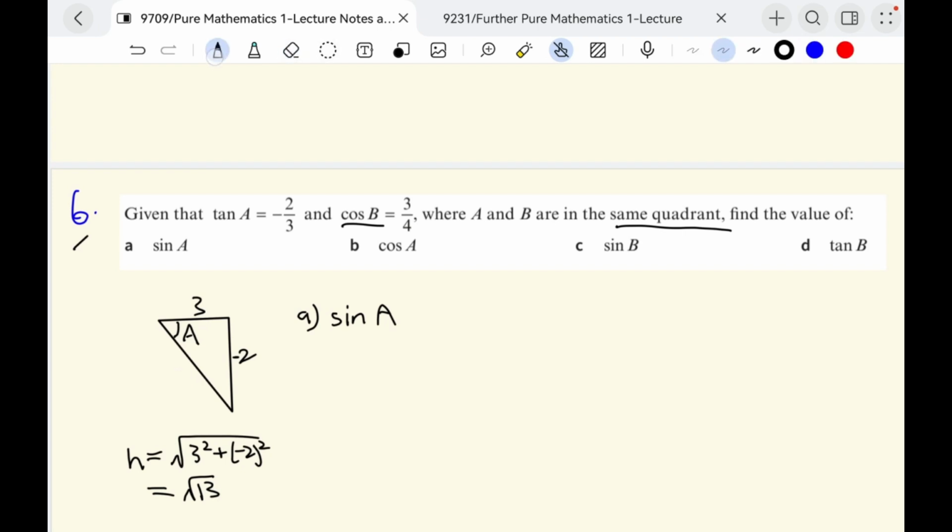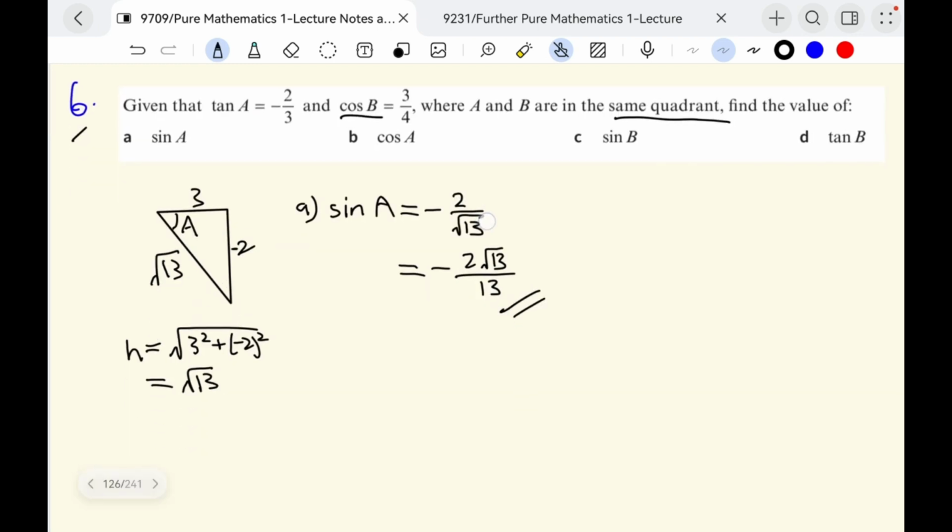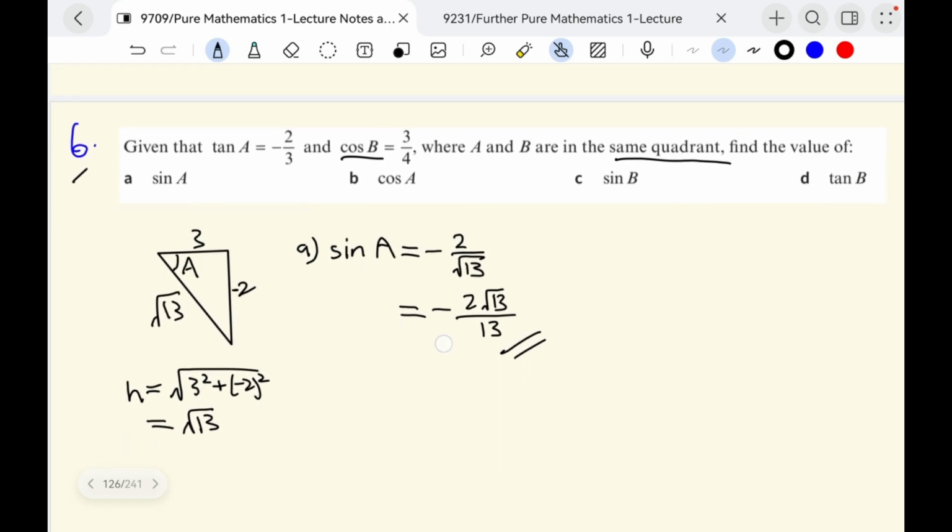So now we know that the hypotenuse is root 13. What is sine A? Sine A is opposite over hypotenuse, so negative 2 over root 13. But if you want to put the 13 on top, you can rationalize, it's up to you. This makes your answer look nicer.